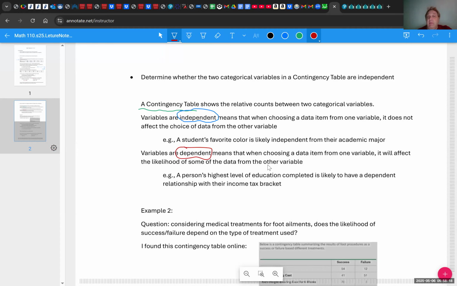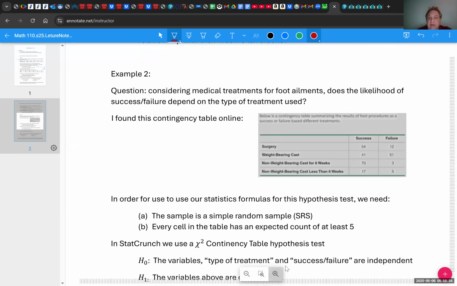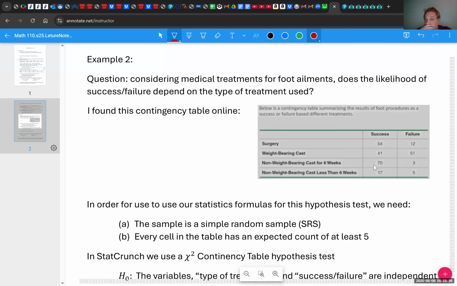Let's jump into an example so I can show you how this actually works, with numbers and stuff. All right, so I have here a contingency table. I'm going to zoom a little bit to make it easier for people to read on their screen. And so there's a question I have, for example two: considering medical treatments for foot ailments, does the likelihood of success or failure depend on the type of treatment used?